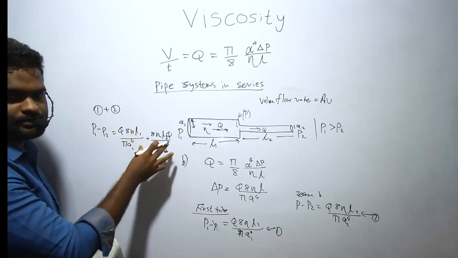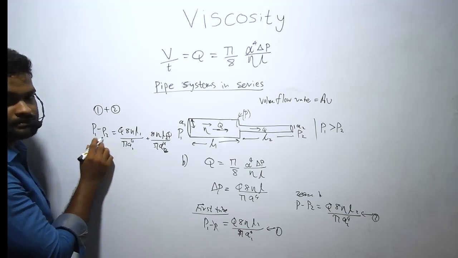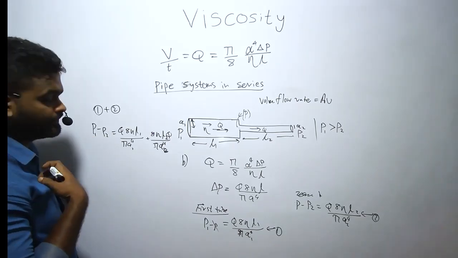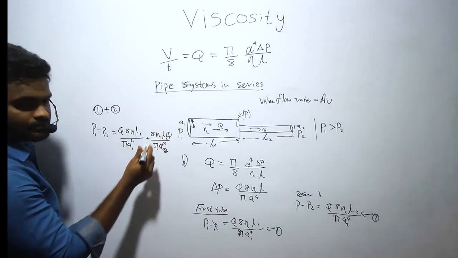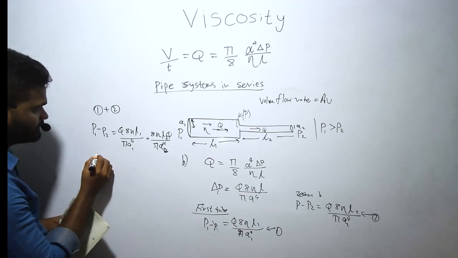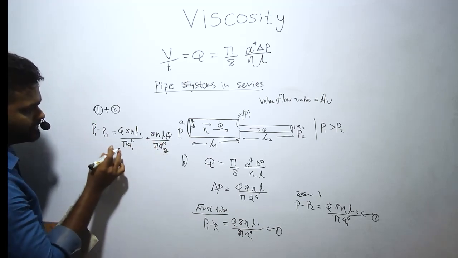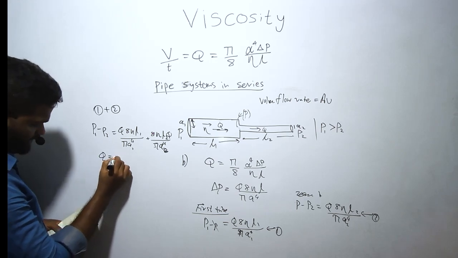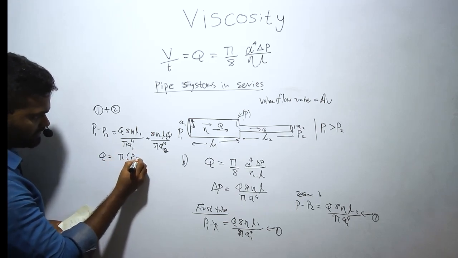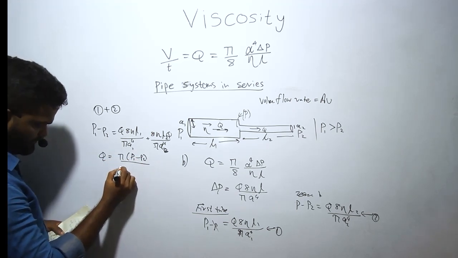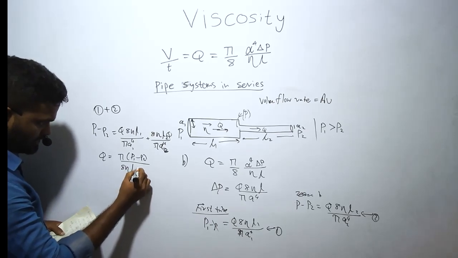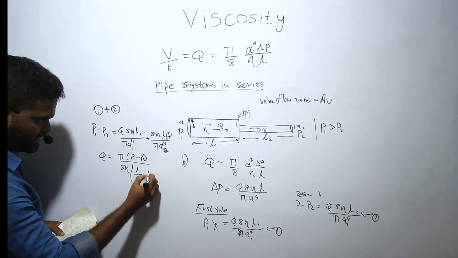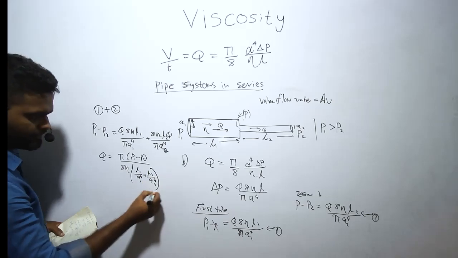You have to assume that these values are known. P1, P2, those are known in the question. You just have to find Q. Just cross multiply everything. You get Q equals pi (P1 minus P2) divided by 8 eta (L1 over A1 to the power 4 plus L2 over A2 to the power 4).